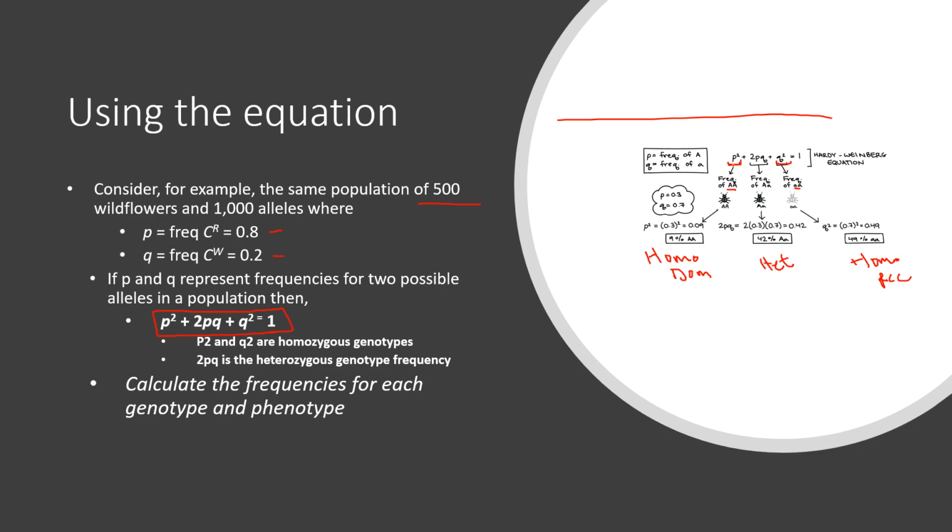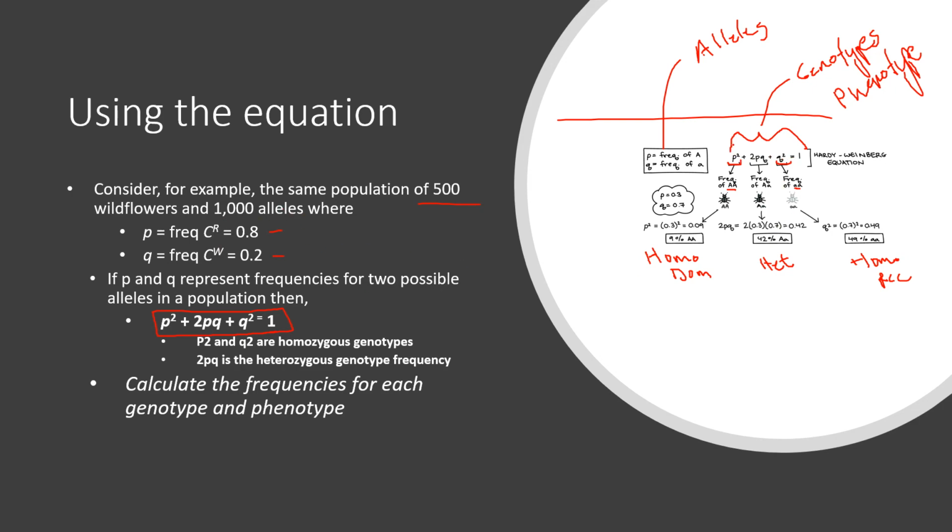So with Hardy-Weinberg equilibrium, not only can we calculate the frequency of alleles, but we can also calculate the frequency of the genotypes. And with the genotypes, we can calculate the phenotypic frequencies as well, because depending on the case, each of these is its own phenotype.